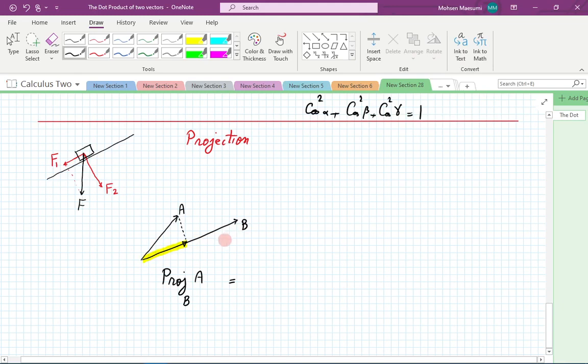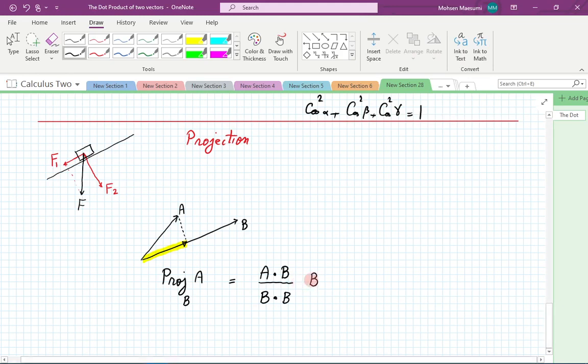We can wrap up everything in a very simple formula. It's A dotted with B divided by B dotted with B and multiplied by B again. So a rather crowded formula. Sometimes it's written like this, sometimes in an alternate form.